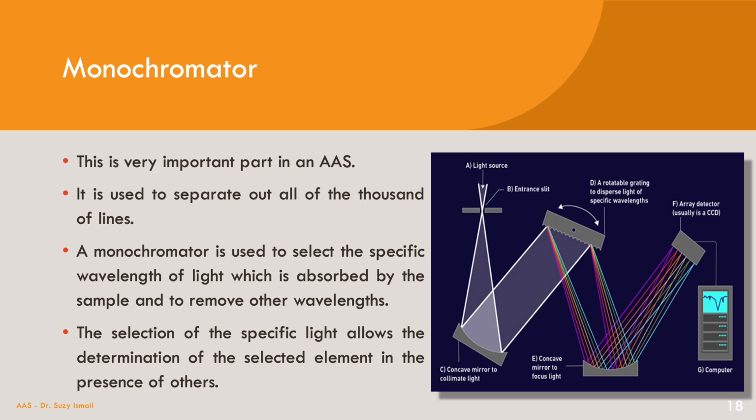The monochromator selects the specific wavelength of light that is absorbed by the sample and removes other wavelengths. Though we have used light with a specific wavelength, there are still other impurities, other wavelengths also present, and the specific wavelength will be separated by our monochromator.